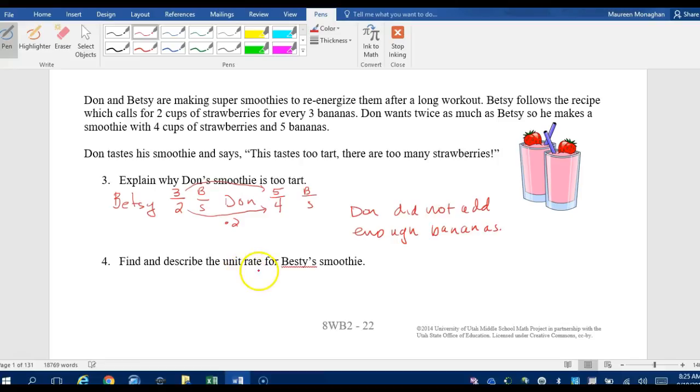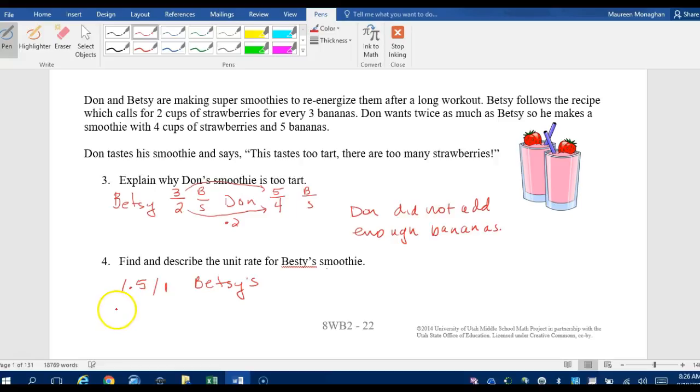Find and describe the unit rate for Betsy's smoothie. Like we said, she did 3 bananas to 2 strawberries, so that's 1.5. So Betsy's unit rate is 1.5 bananas to strawberries. Remember, we always have to have it over 1.